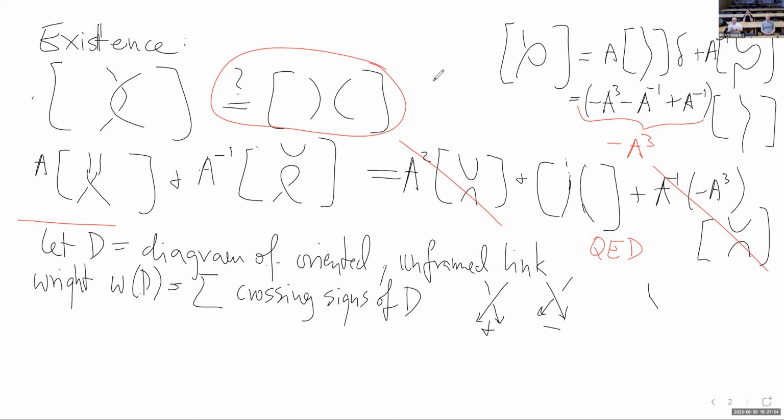If you do this type, then of course you can just rotate it and it's minus again. And then I want to consider this quantity now: minus a to the third power of w(D), and then I'm going to do the bracket of D. So if I have a diagram, I have a bracket for the diagram, so this makes sense.